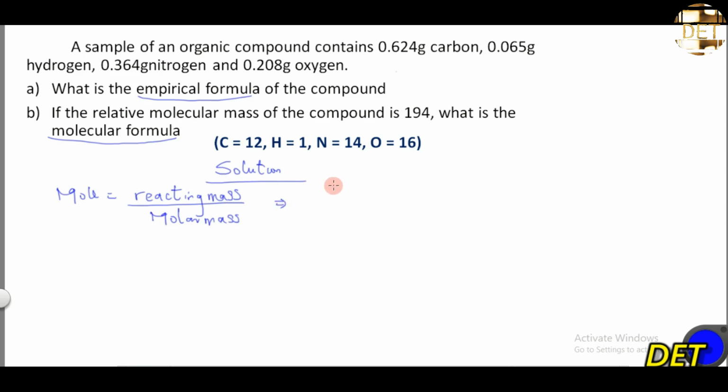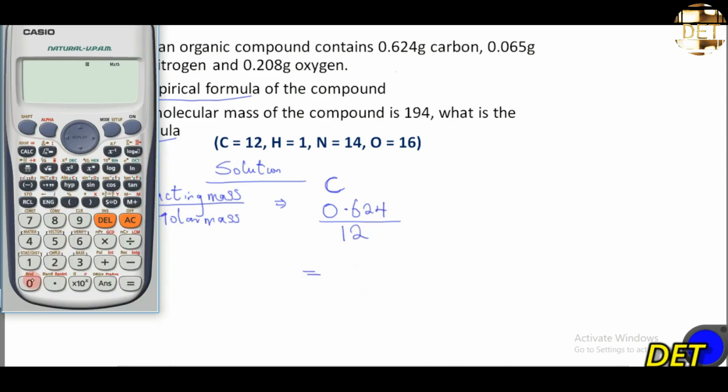So the number of moles of carbon in this compound is equal to the reacting mass of carbon, which is 0.624 grams, divided by the molar mass. The relative atomic mass is 12. So that is 0.624 divided by 12.